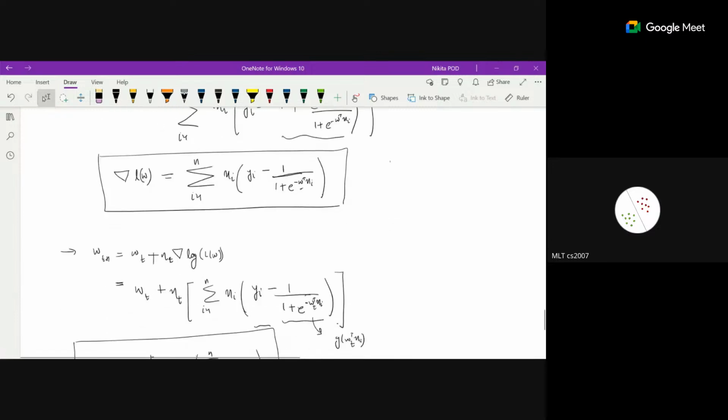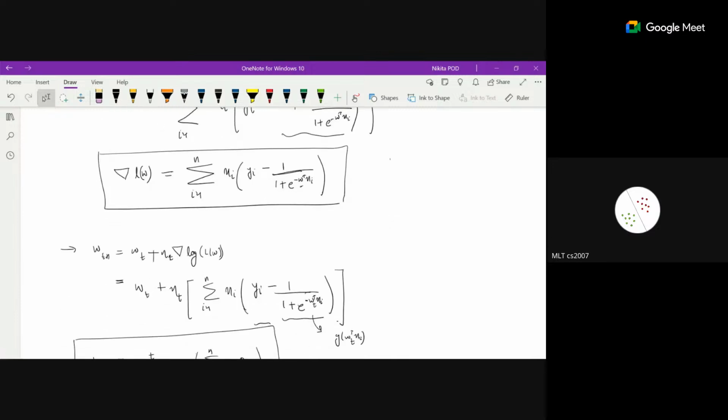So we used MLE, but it turns out that when we took the likelihood function, I'm stuck over here, right?